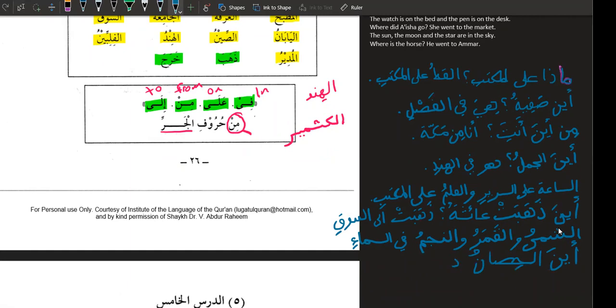The horse would be ذهب, he went. ذهب إلى عمار. So those are the 8 sentences.